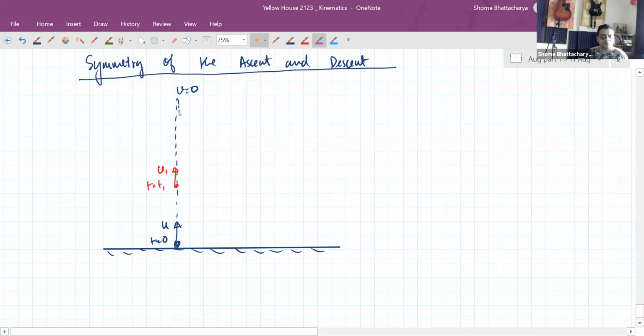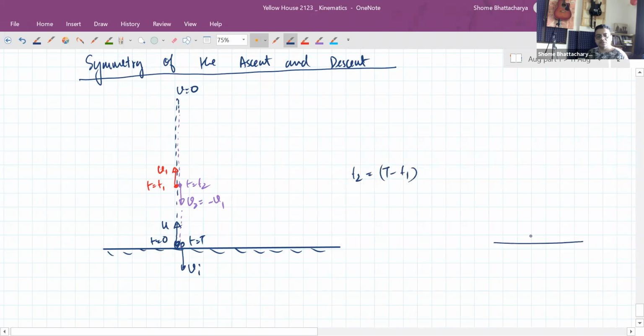Then again it will cross that point on its way down also. So when it crosses that point, the velocity it will have now will be exactly minus of v1 from symmetry. And whatever time there will be, t equal to t2, that time will be such that it's symmetrical. So time t2 will be capital T minus t1.